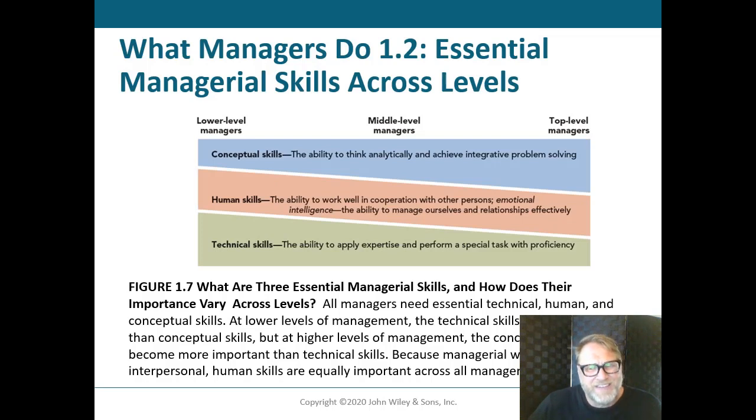So what I'm suggesting here is that as you move through from lower level to upper management, while some of the demands may be a little different for you, really the skills that are required are largely the same, and the only consideration is the amount of skills that are required for each level. So, okay, well, I hope this brief introduction to the chapter and to the course was helpful.